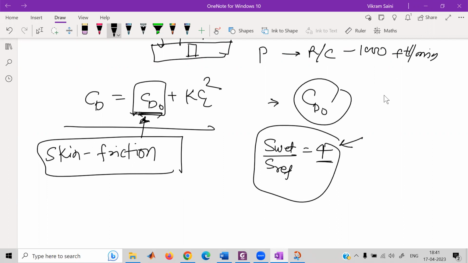Sir, maybe pressure drag there could be. How do you define pressure drag? Sir, it is due to the pressure irregularities. Like there is negative pressure above and positive below, as the air is flowing over the airfoil. There is adverse pressure gradient, which is also creating some drag.